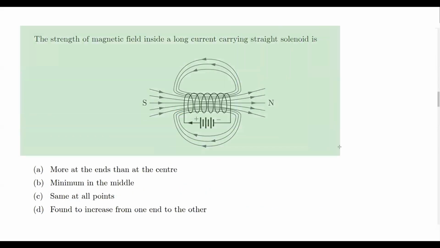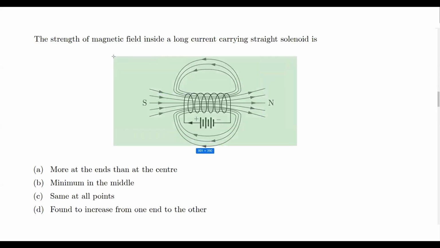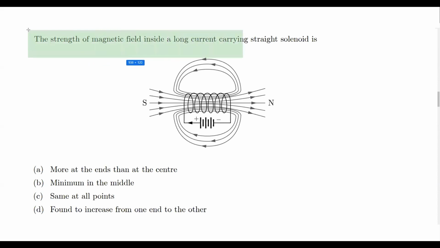The next MCQ is from the chapter called Magnetic Effect of Electric Current. What does the question say? The strength of the magnetic field inside a current carrying solenoid is. They are talking about the magnetic field produced inside the solenoid like this. Inside this solenoid, if you look at the magnetic field lines, they are parallel, right?